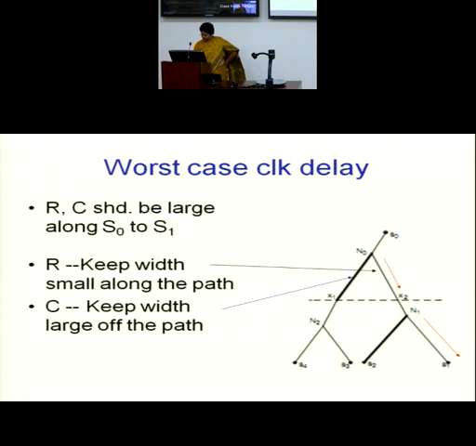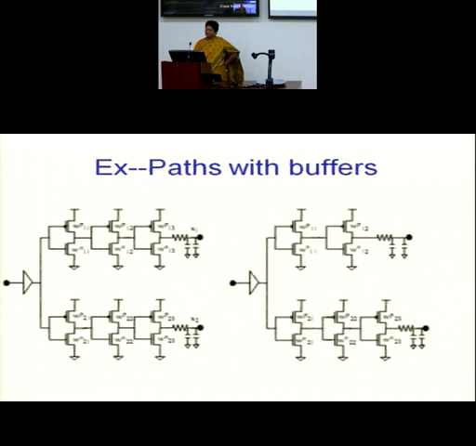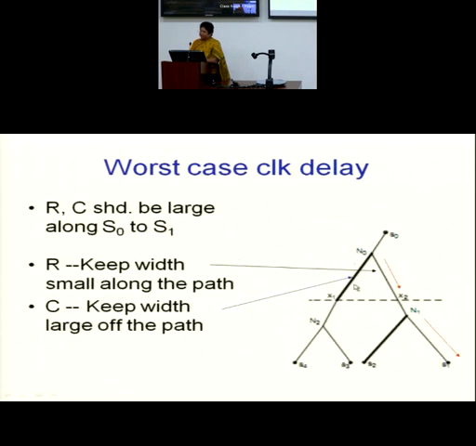Okay, so once we have that strategy in our mind, now I can compute. So what I should do is, first, for worst case arrival, that is the worst case delay from S0 to S1. It is simply R along this path into C, total C you can compute now.